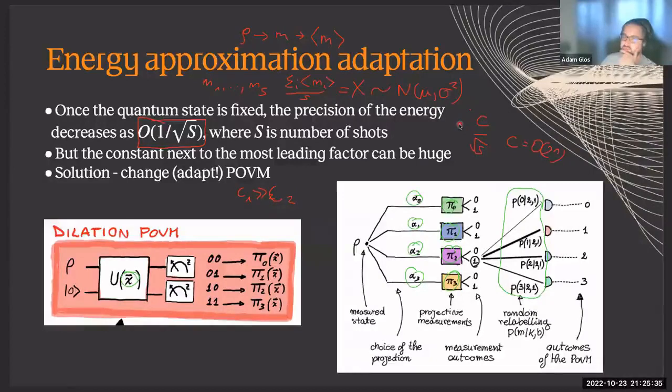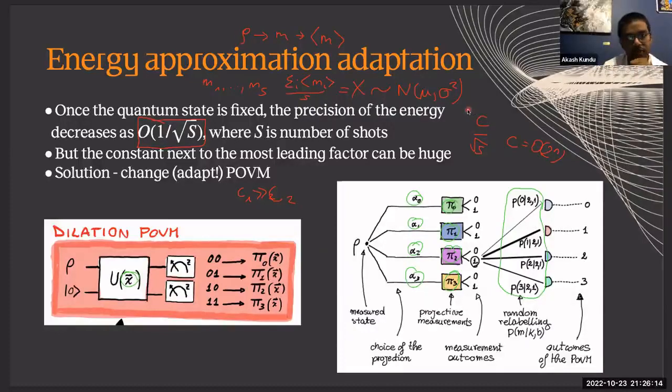One possible explanation is coming from this uncertainty principle, I would say. Because we cannot measure, in a sense, actually, I'm not sure if I can give a good explanation at the moment. This is something which we for sure observe, something well known in the community, but I'm not sure if I can explain why this constant may be exponential in case of information complete POVM.